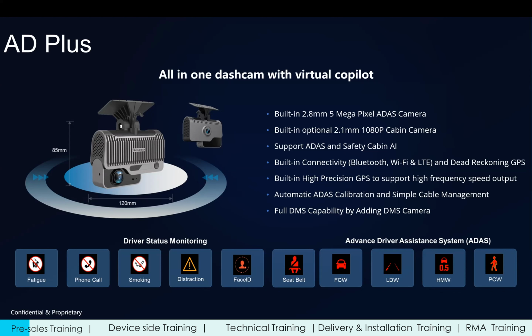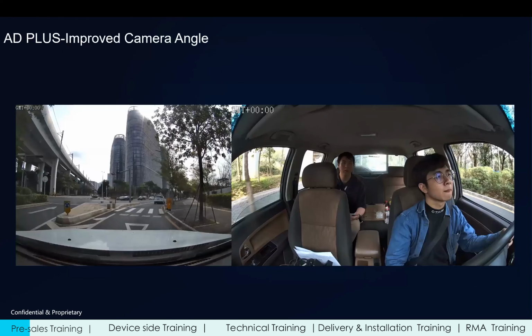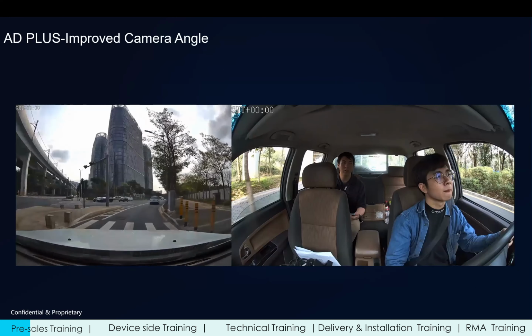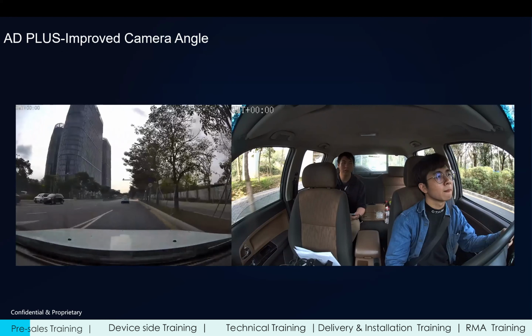The external camera, which focuses on the road, can support ADAS functions, for example front collision and too-close distance warnings, and others. With the wide angle of these cameras, you will be able to see all the surroundings very clearly.